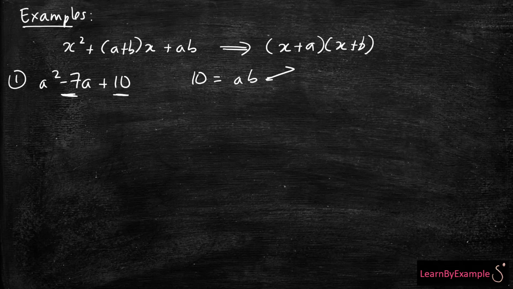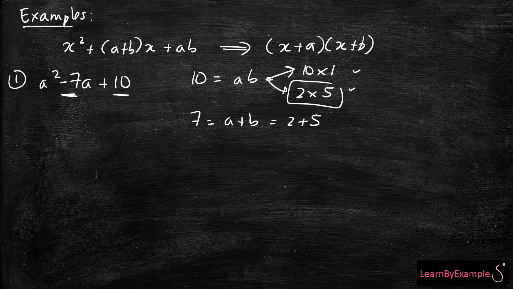It could be 10 times 1, or it could be 2 times 5. Now let's look at 7, so it's a plus b. 10 plus 1 is not 7, but 2 plus 5 is 7.